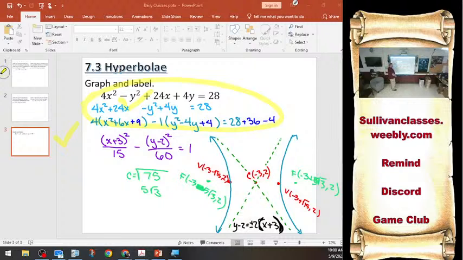Do you have the correct center? And I'm going to say the correct center and asymptotes, because that's what informs the shape of your hyperbola.